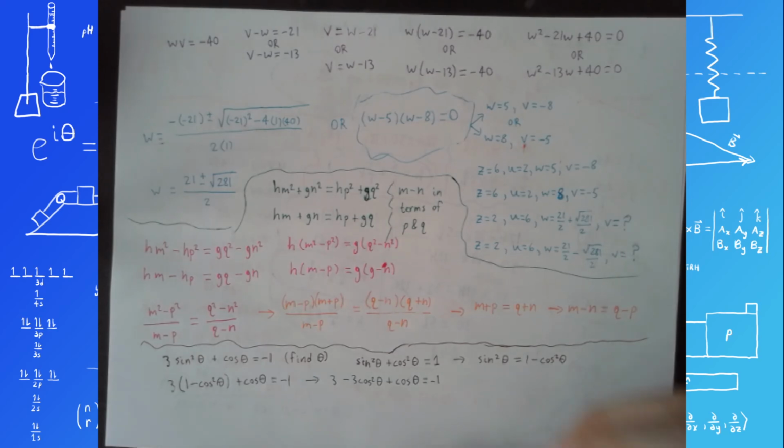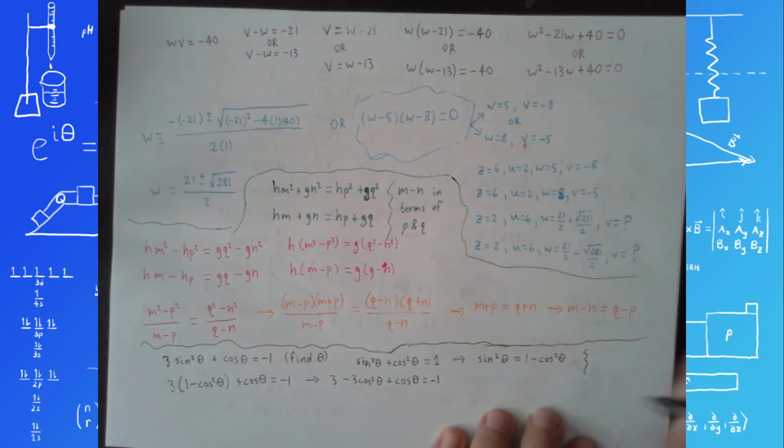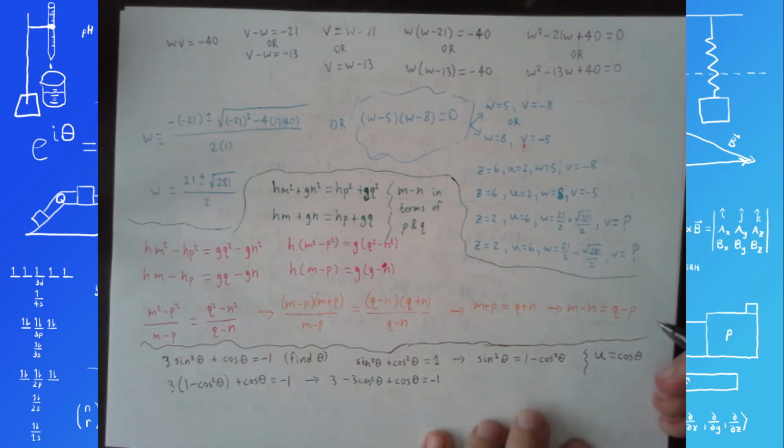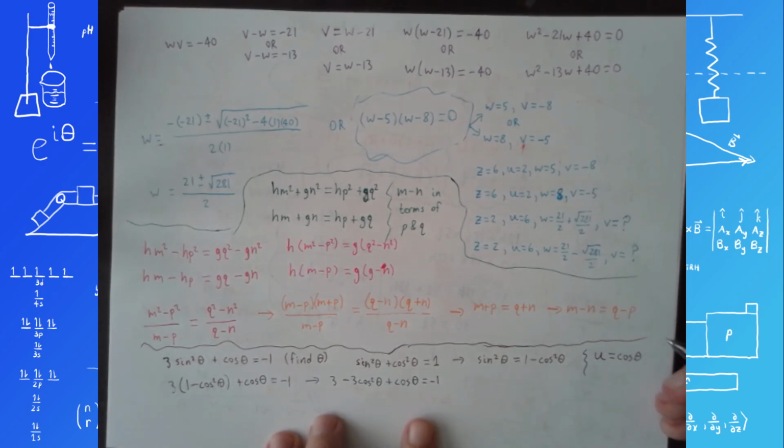So we can say, let's say for example I use the variable u. Let's say u is equal to cosine of theta. u is a variable, and cosine of theta is also a variable. I'm just relabeling, just renaming so that this is easier to look at.